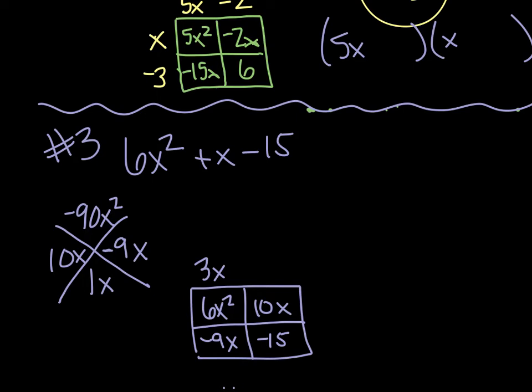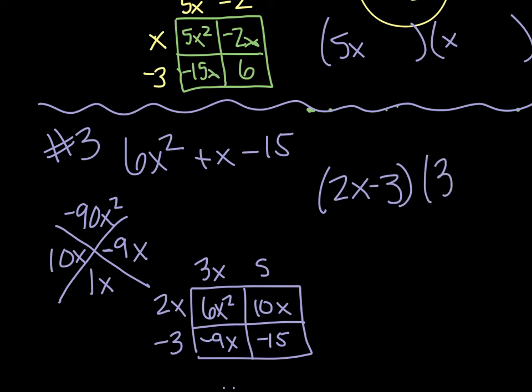So 6x squared, going to have 2x. 2x times what is 10x? 5. 3x times what is negative 9x? Negative 3. So what's on the outside of your box becomes your factors. So 2x minus 3 and 3x plus 5.